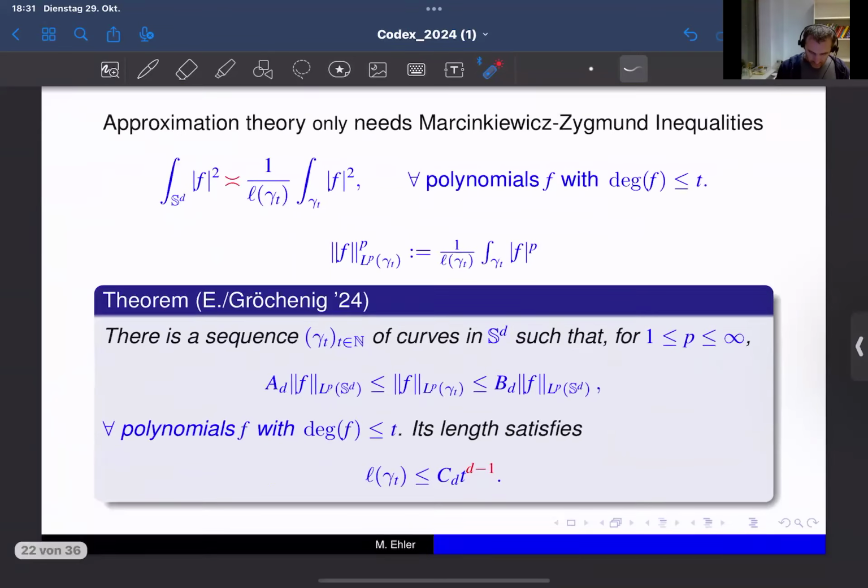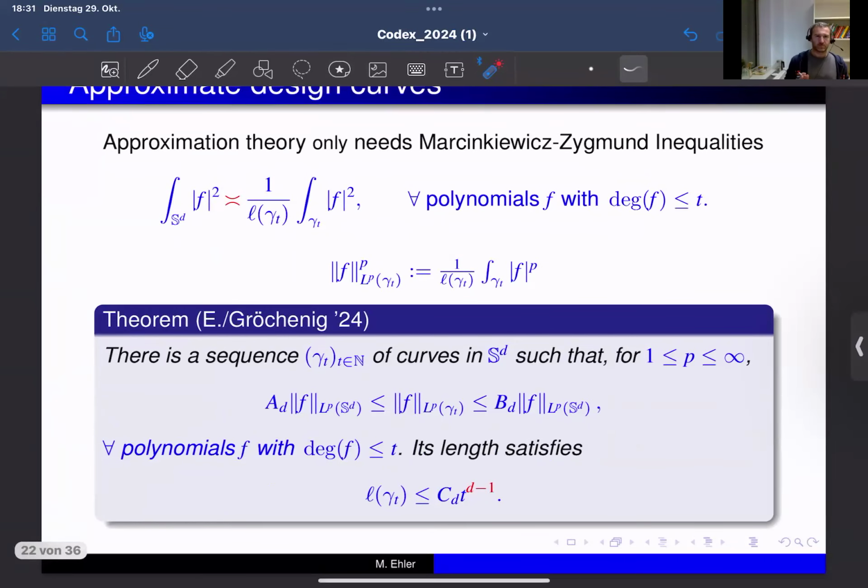And then we get this result. It's not exactly what we prove there, but the intuition is that if you connect t-design points by a curve, you get Marcinkiewicz-Zygmund inequalities, not equalities.